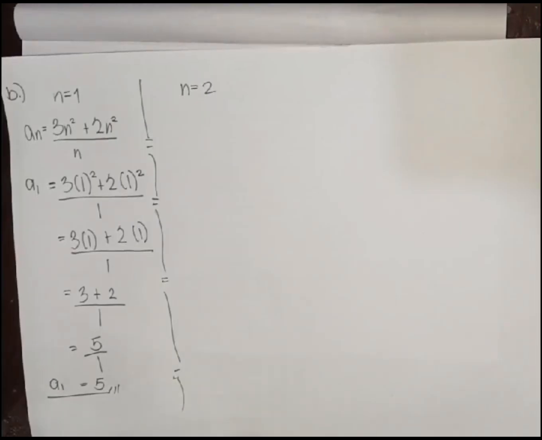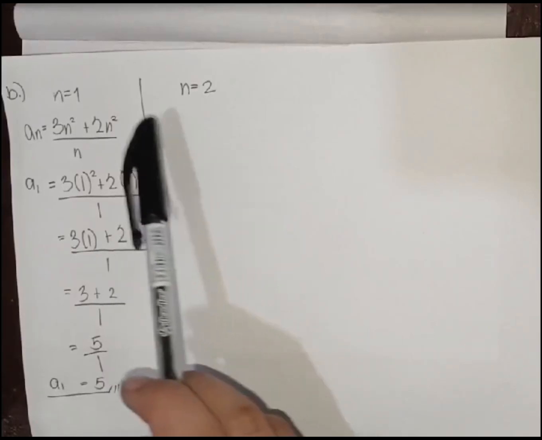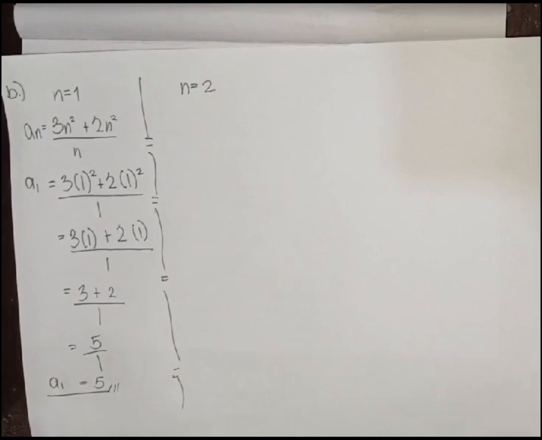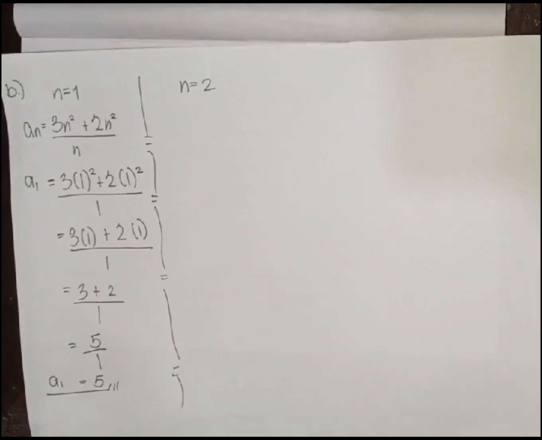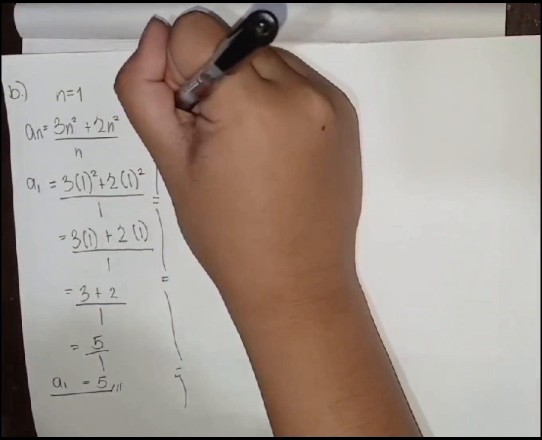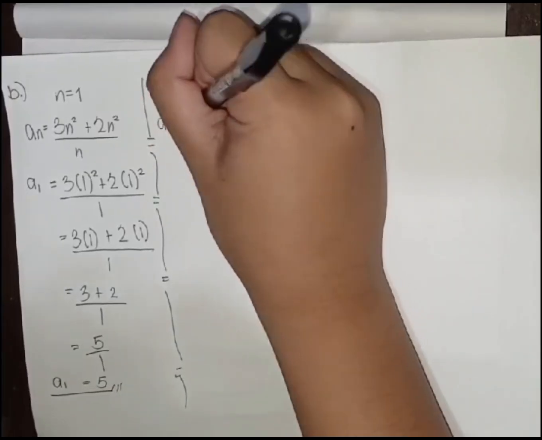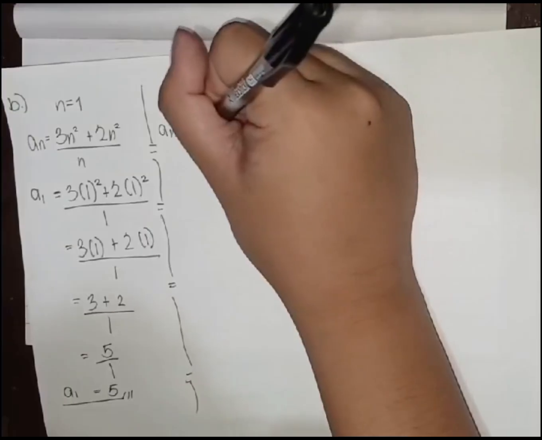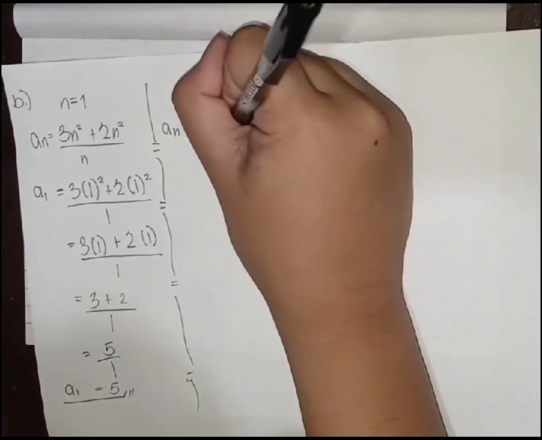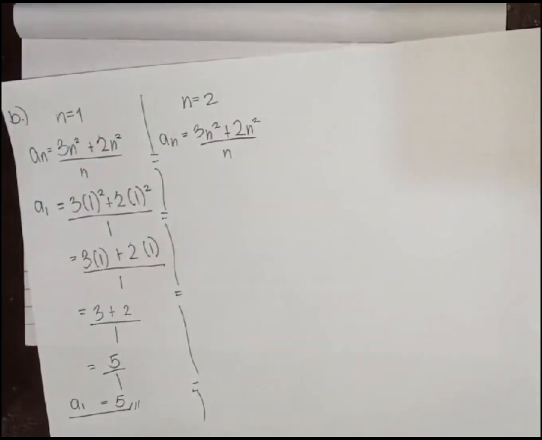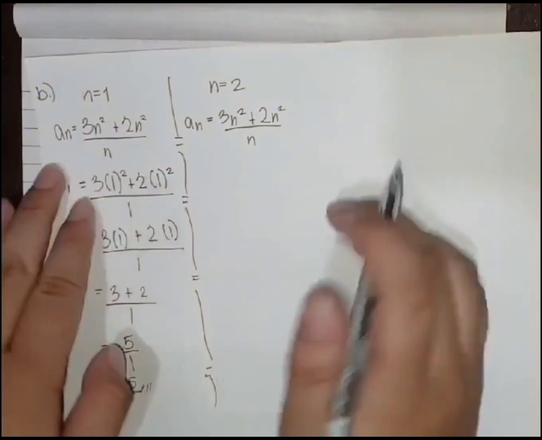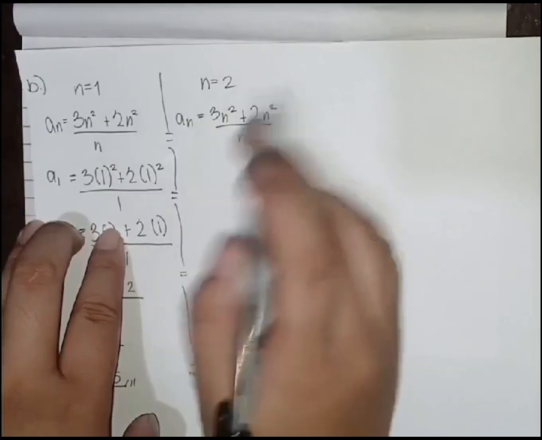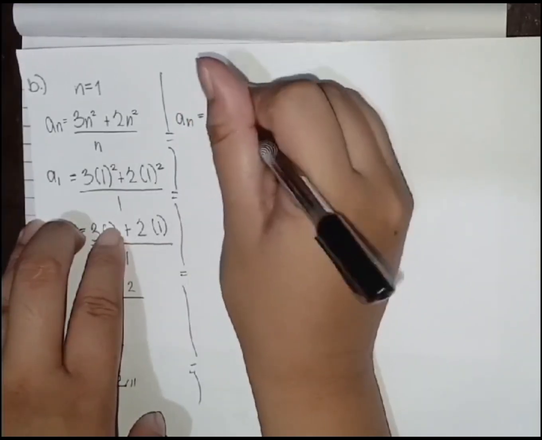To find the second term, let us substitute n is equals to 2 into the formula. So using the same formula, let us solve for the second term. So a sub n is equals to 3n squared plus 2n squared over n. So, let us substitute this n into 2.